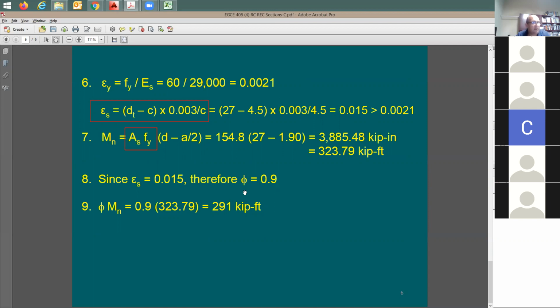I'd like to have some conclusions based on this example and the previous examples. We started by giving you some reinforcing bars, an amount of reinforcing bars. In one case we said 3 number 8. Another case we said 2 number 8, or maybe 2 number 8 and 1 number 9.